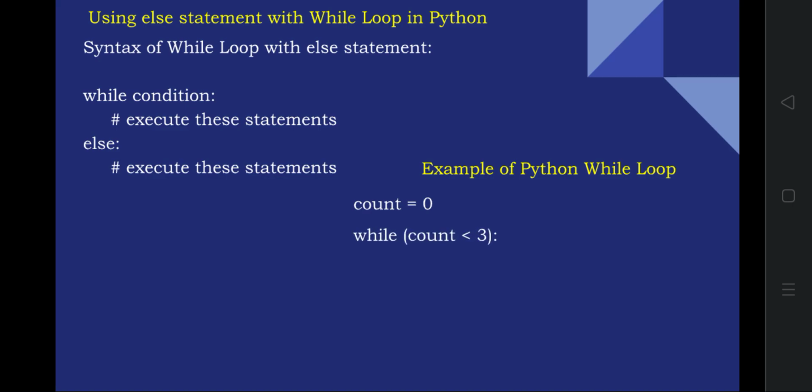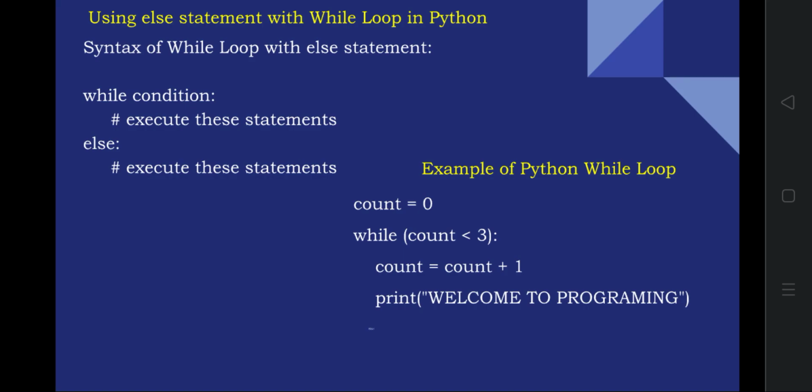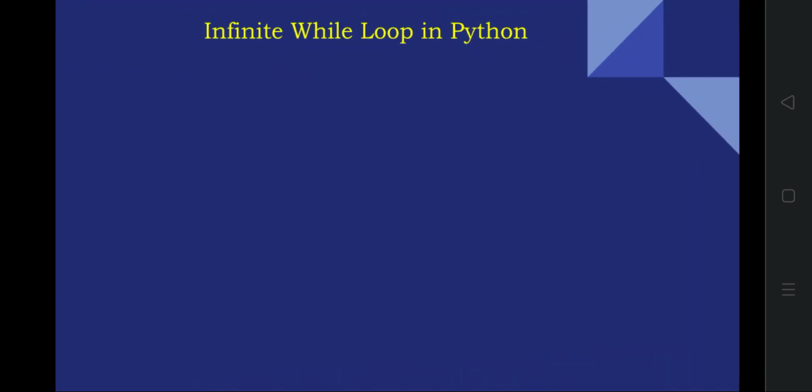Count is equal to 0, while count less than 3, count is equal to count plus 1 and print welcome to programming, else colon print in else block. That means when the condition count less than 3 is true, the two lines are executed, count is equal to count plus 1 and print welcome to programming. When the condition becomes false, the statement in the else block is printed. So this is how the while loop in Python works.